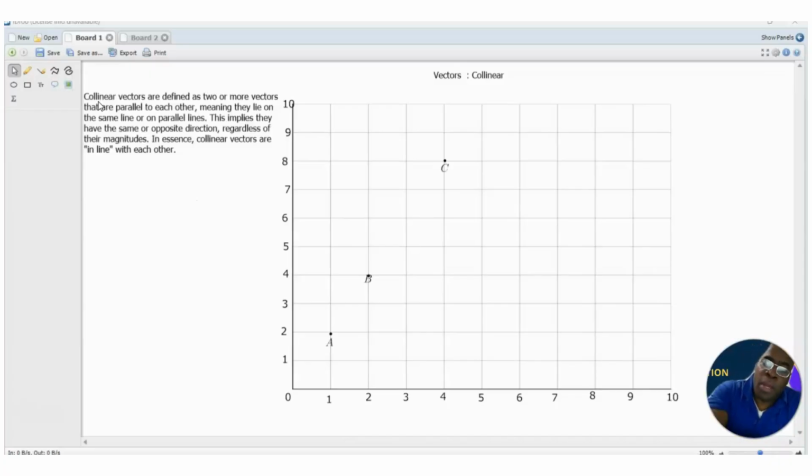The same concept we're looking at is collinear. Now, here I have a graph, and we are going to be looking at the respective vectors.